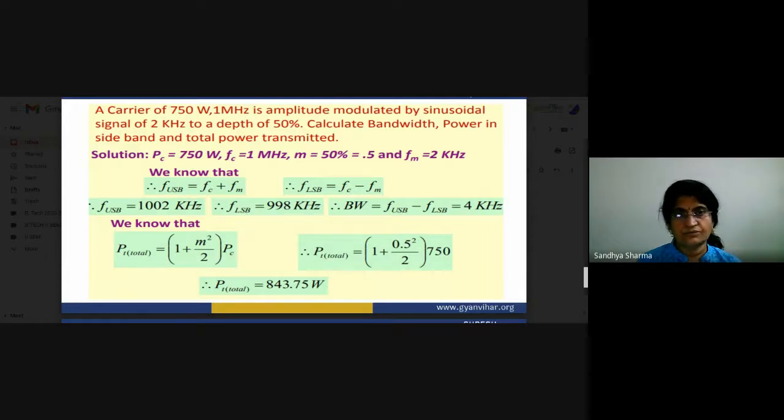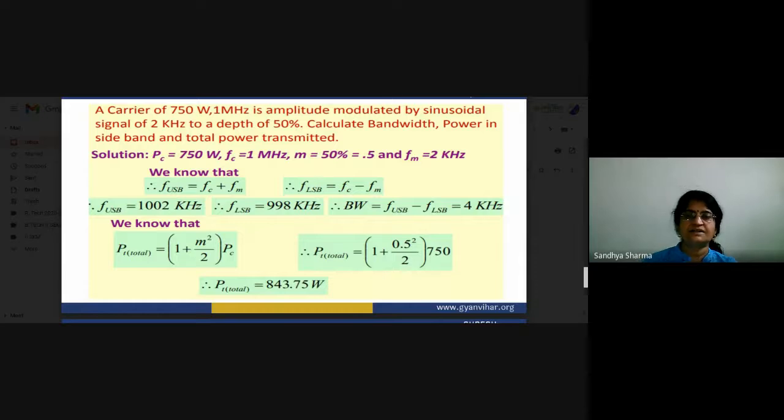The sinusoidal signal of 2 kilohertz is modulated to a depth of 50%, so modulation index m is equal to 0.5. Now we have to calculate the bandwidth, power in sideband and total power transmitted.